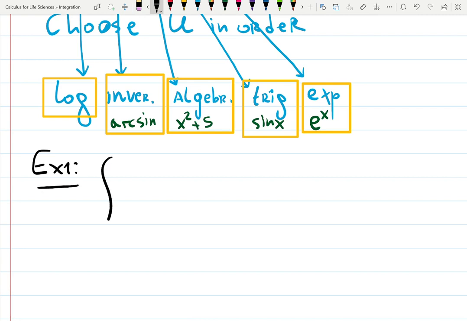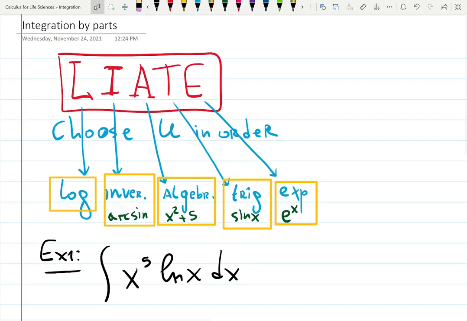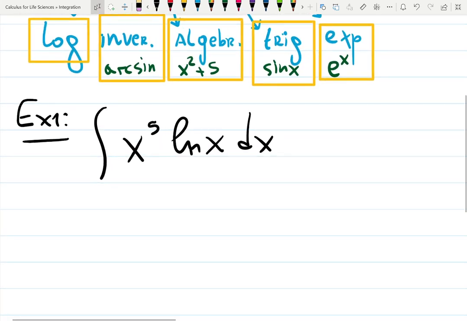Example 1. If you have the integral of x to the 5 ln x dx, remember that's integration by parts, IBP. Integration by parts is used because we need to undo the product rule. Chain rule is undone by substitution, but surprisingly it's hard to undo the product rule. When you undo the chain rule, one piece of the function is the derivative of another piece, so there's a connection between them.